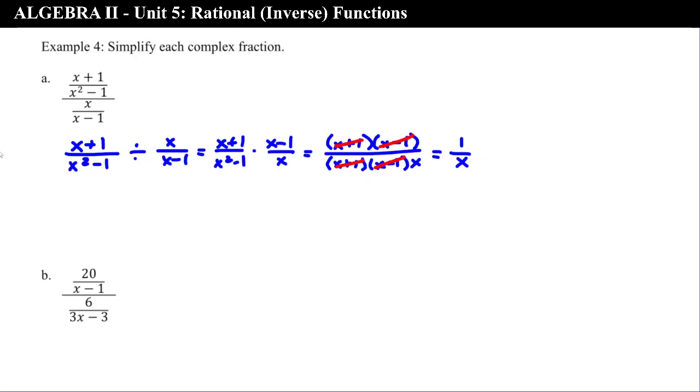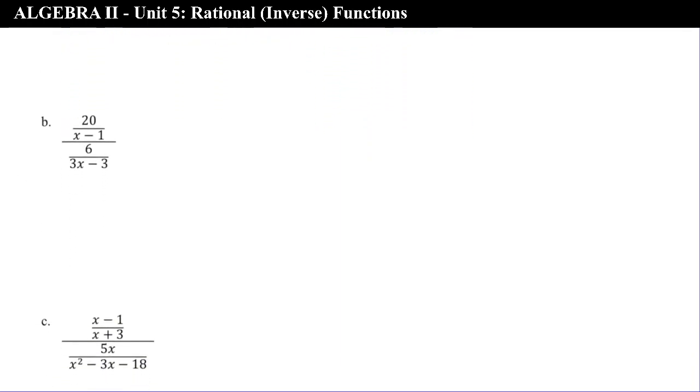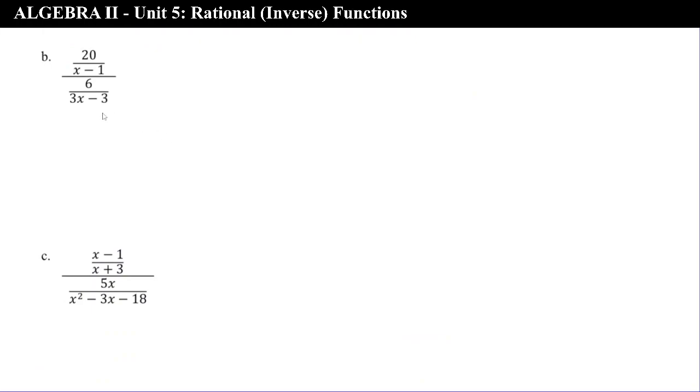All right, let's take a look at B. Again, this is the same as saying 20 over x minus 1 divided by 6 over 3x minus 3. It's the same thing. So what do we do with this? We have 20 over x minus 1 times 3x minus 3 over 6.